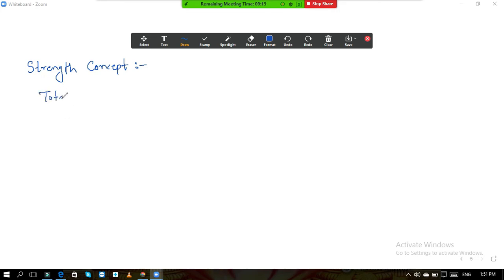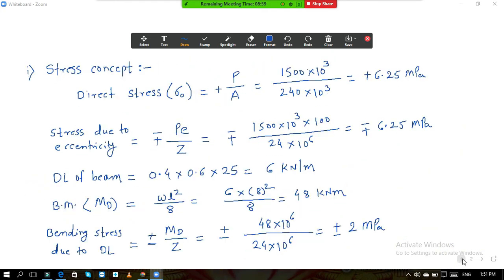So the total bending moment M is the bending moment of dead load plus the bending moment of live load that we have already calculated here. What is our dead load moment? It is 48. What is our live load moment?